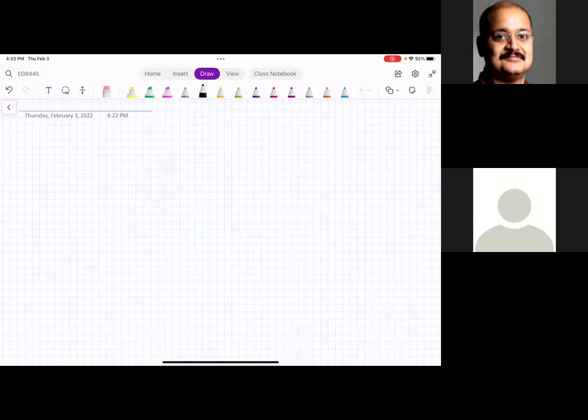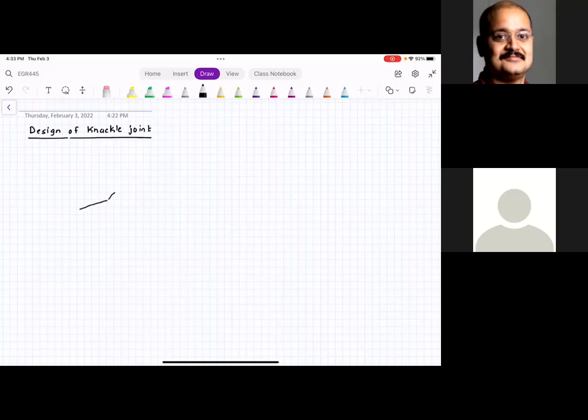Okay. So today we are gonna look at the design of the knuckle joint. Now, how does a knuckle joint look like?